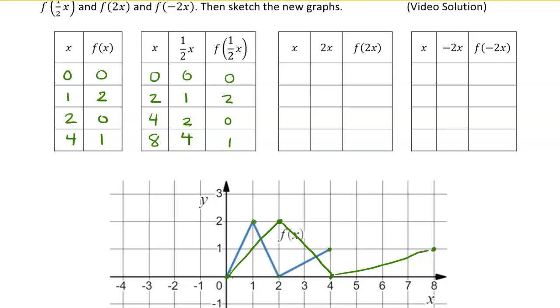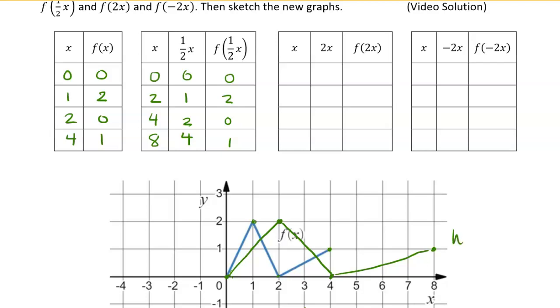does to the graph. It takes twice as much x in order to get the same amount of output, because we're taking x and taking 1/2 of it before we run it through the function. So it's going to take twice as much x in order to achieve the same output. A little counterintuitive that taking 1/2 of x stretches the function. So this function is a horizontal stretch by a factor of 2.